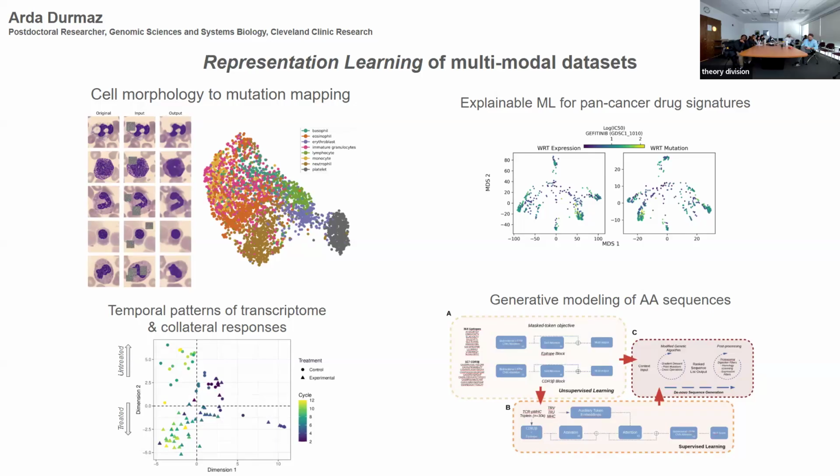And then the final one is a bit distinct, which is generative modeling of amino acid sequences. And this project popped up from a collaboration trying to understand whether we can model TCRs, peptides, and MHC interactions from solely a sequence analysis perspective.